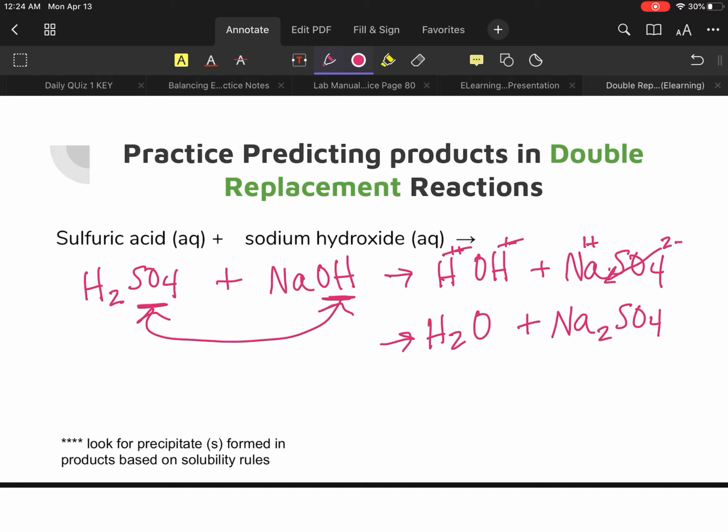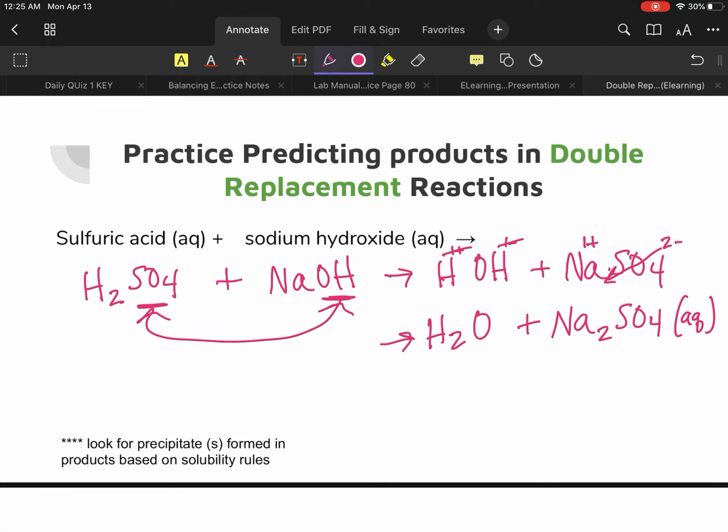Now I can look and see, do I have a solid here? Do I have a precipitate? What are some of my rules? Again, I'm not going to scroll, but if you go back to your rule sheet and look at number 7, it talks about sulfates. Number 1 also talks about group 1 compounds. Since sodium's in group 1 and it says it's soluble, that means it's going to be AQ.